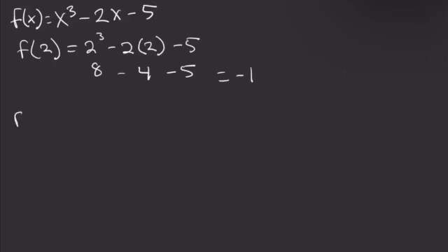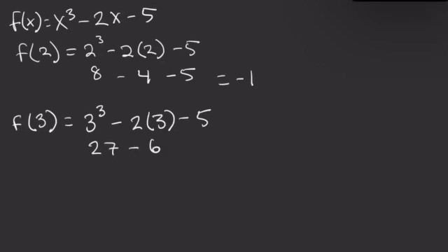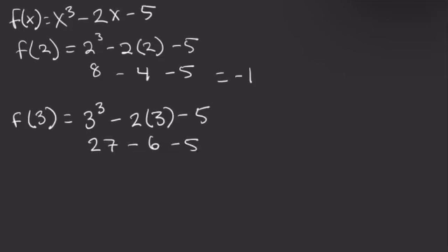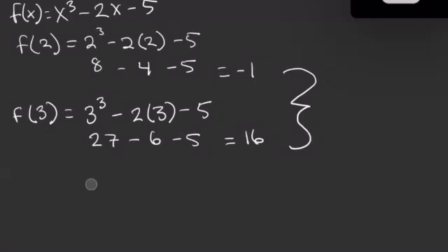Our next best thing that's above 2 is obviously 3, so we'll plug in 3 as our next number. So then we get 16 as f of 3. Now we can see that our x-intercept will be in between these values, and it'll be a decimal close to but higher than 2. So we are ready to use Newton's formula.